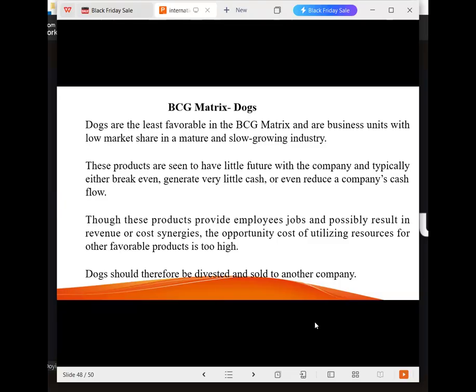So a new company that has the resources and wants to try its best in that market can buy it, or it can be another giant company that wants to continue in that same market and buys that particular company over, if they want to sell it. Divesting means that they are no longer in that market again.